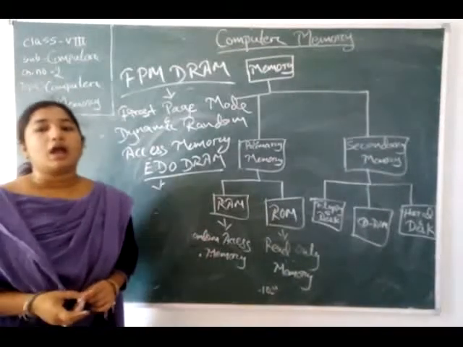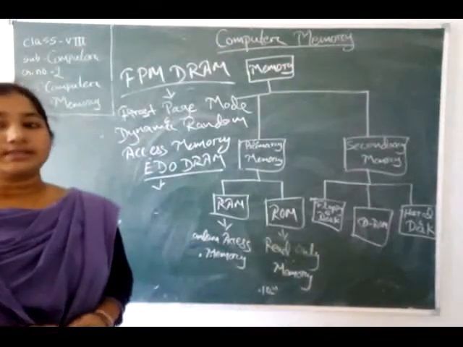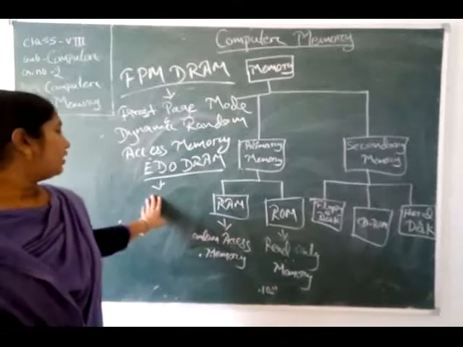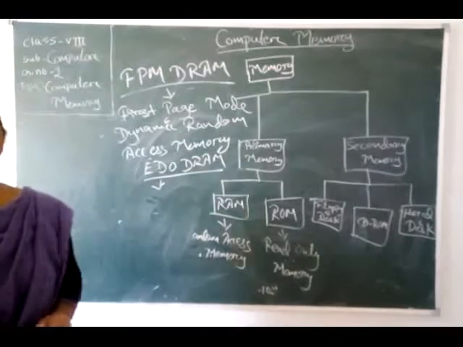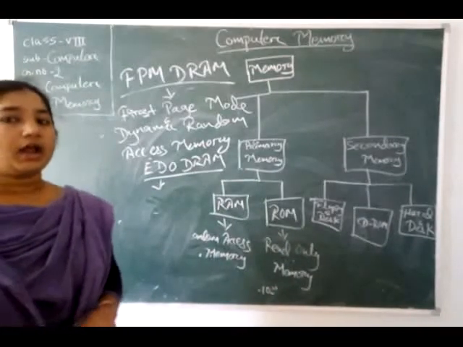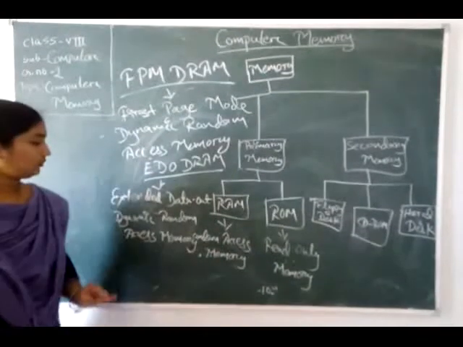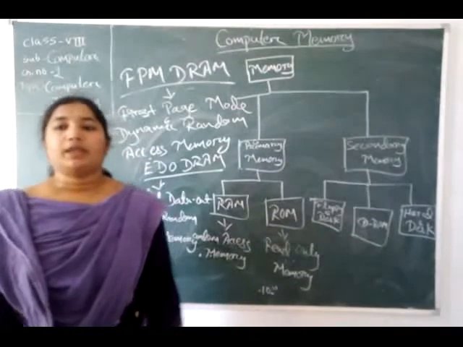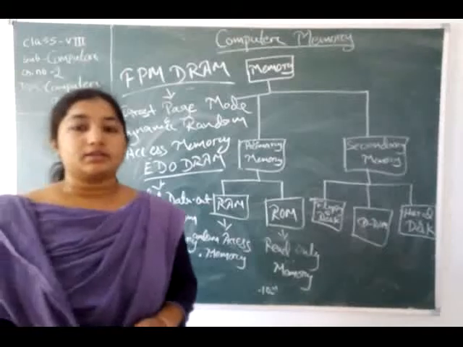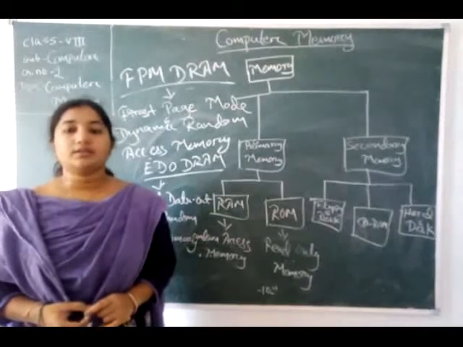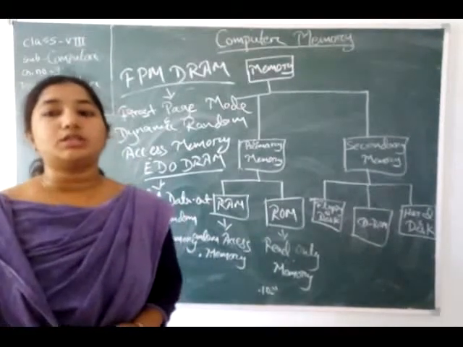Extended data out dynamic random access memory. It stands for extended data out dynamic random access memory. So what will it do? It doesn't wait once the address of the first bit is located.